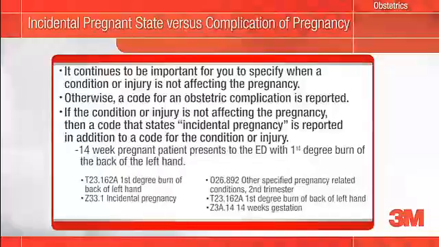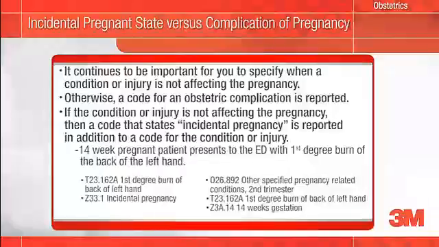Otherwise, a code for an obstetric complication is assigned. If the condition or injury is not affecting the pregnancy, then code Z33.1, pregnancy state incidental, is assigned in addition to a code for the condition or injury.